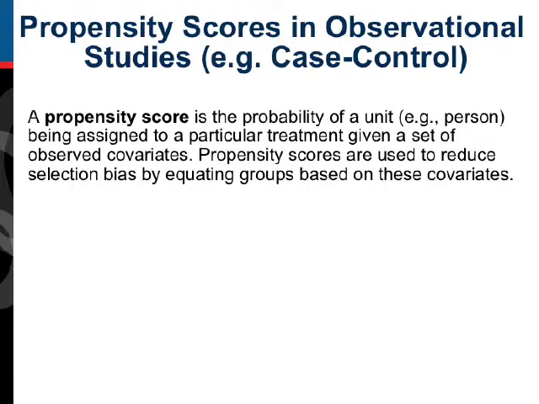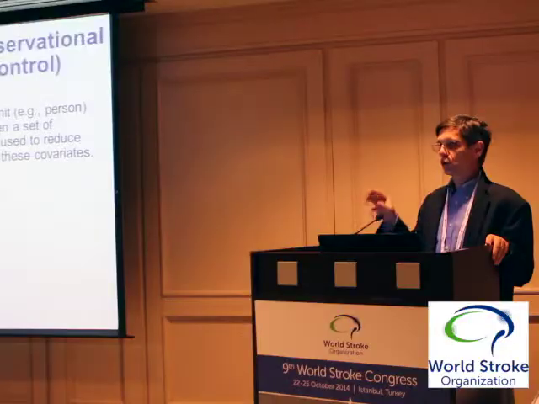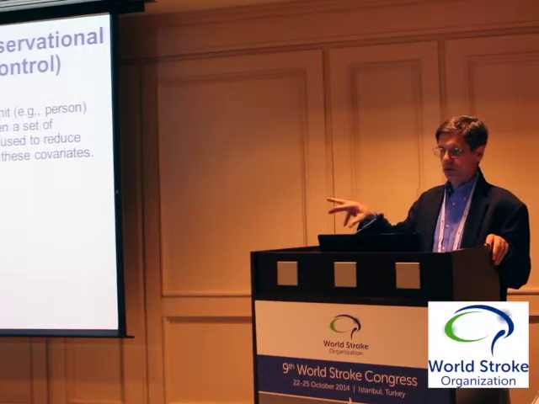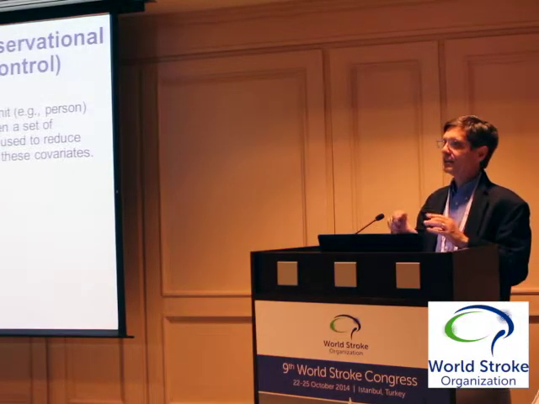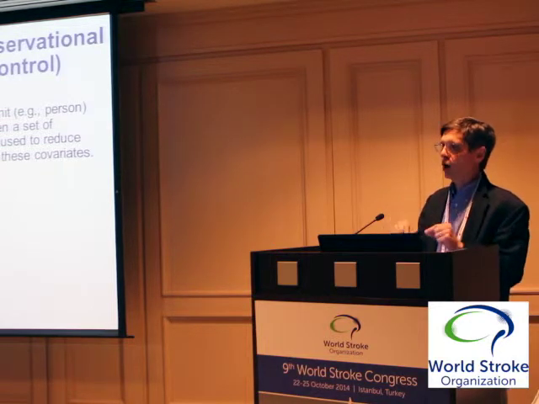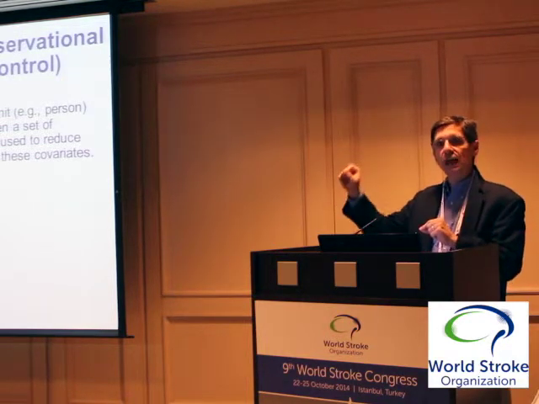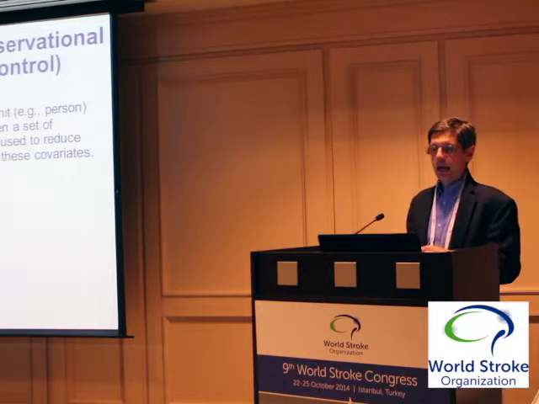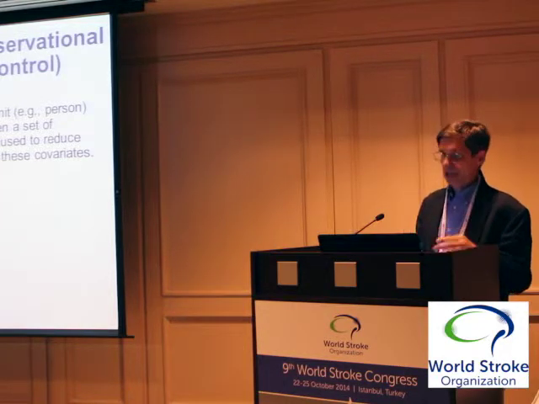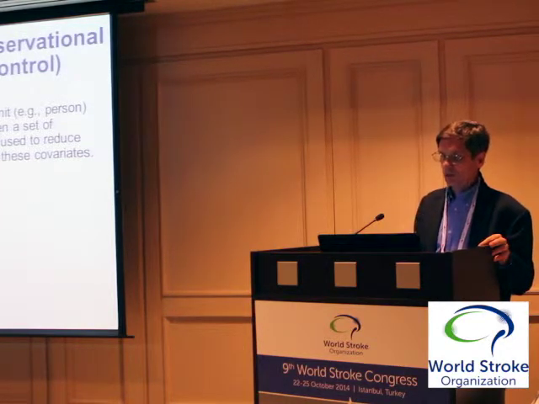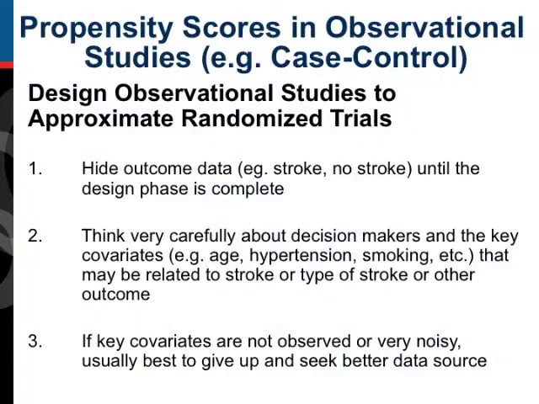So in this case, it's the probability of a unit, a person, being assigned to a particular treatment or particular factor that we're interested in, given a set of observed covariates that we know are associated with the outcome of interest. And propensity scores are used to reduce selection bias by equating groups based on these covariates.